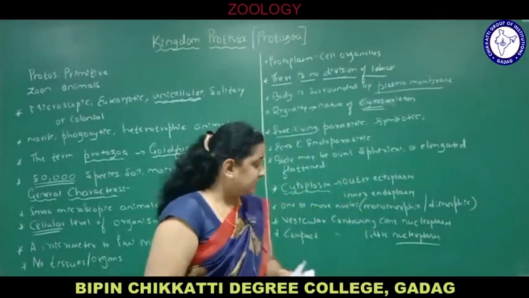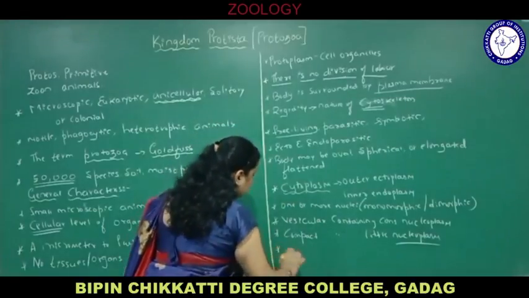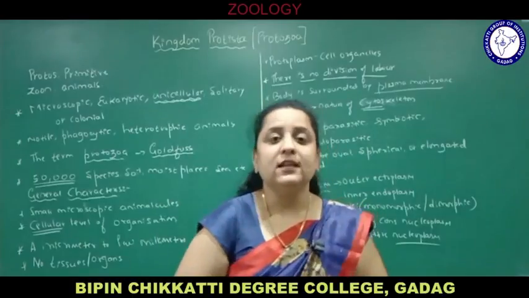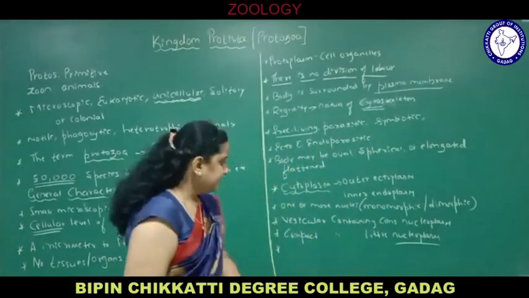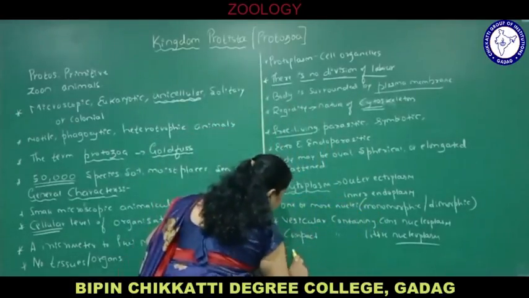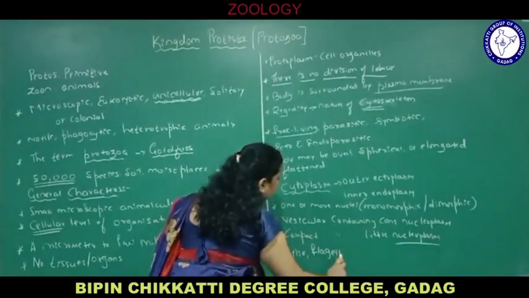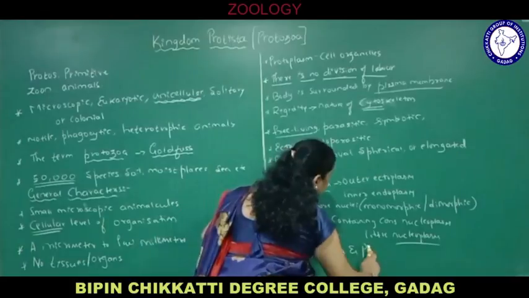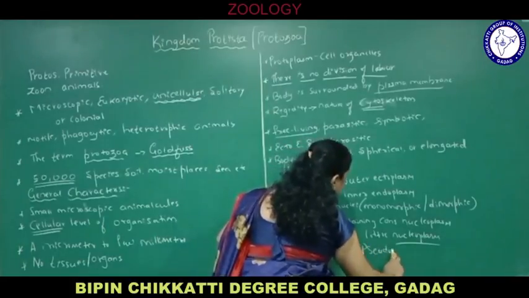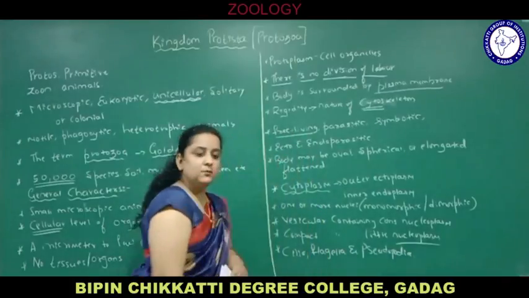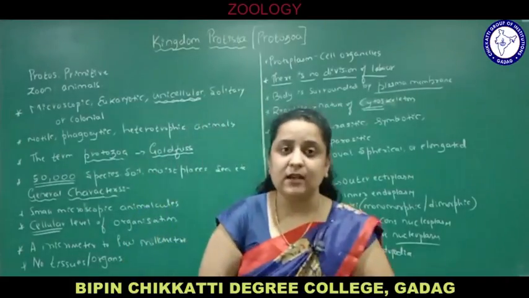Then, there are three types of locomotory structures in phylum Protozoa: cilia, flagella and pseudopodia.